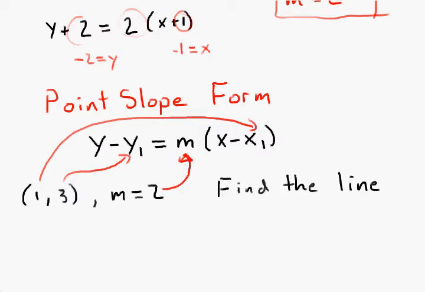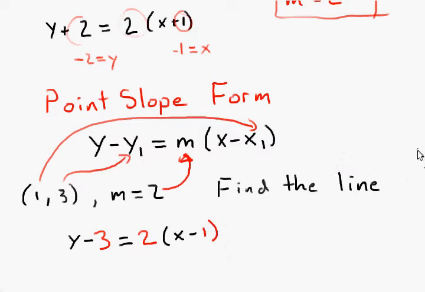So what we'll have is something that looks like this: y minus y1, that's 3, is equal to m, so that's 2 times x minus x1, that's 1.